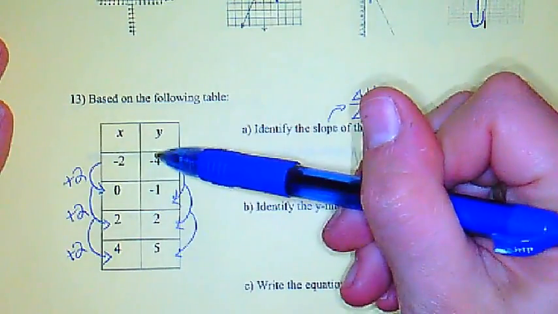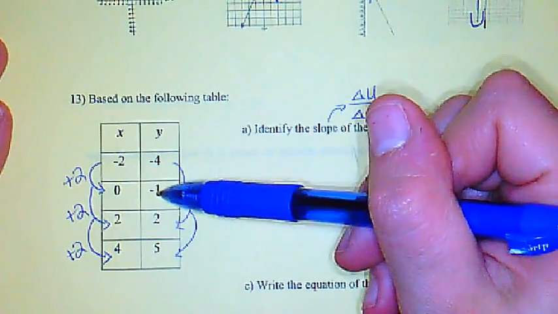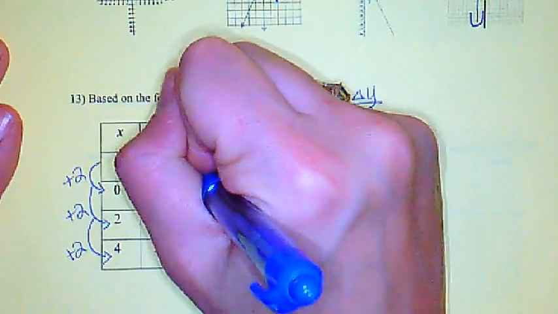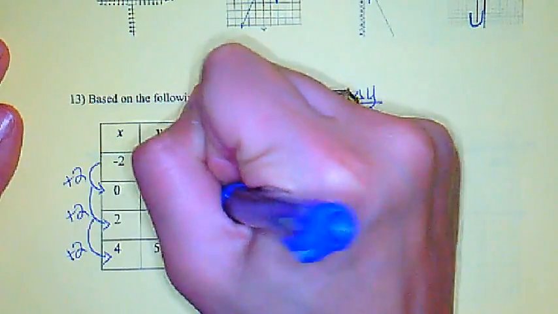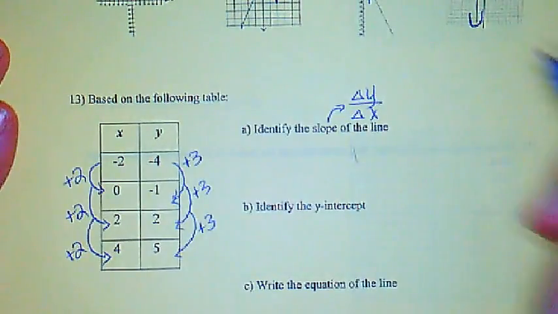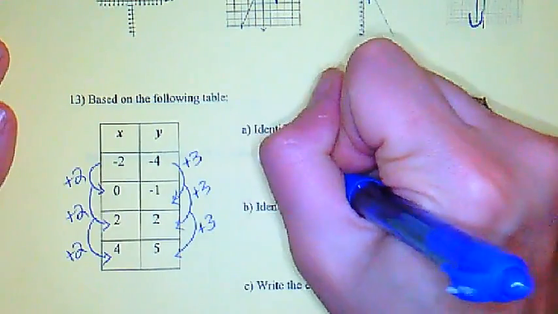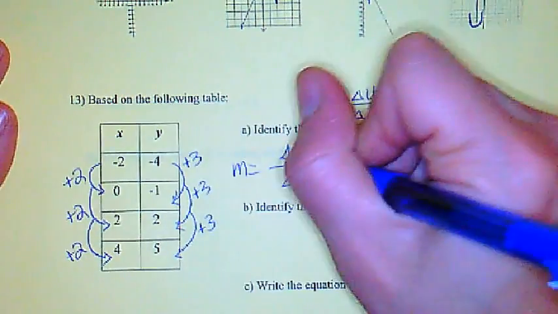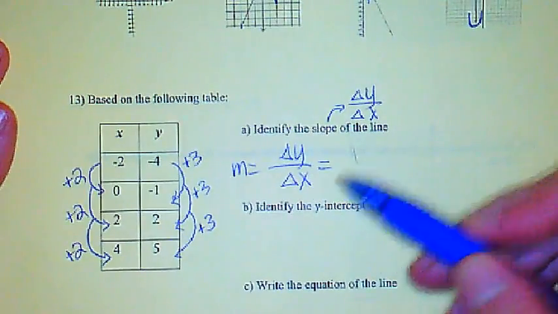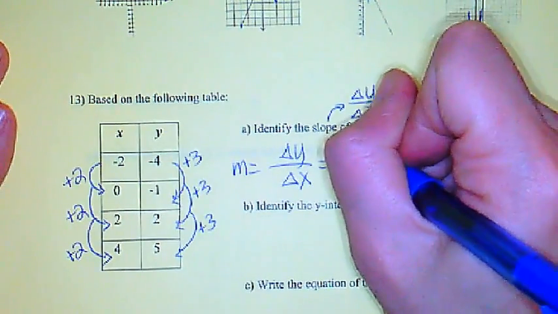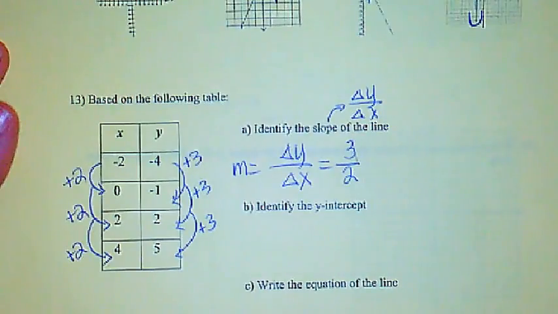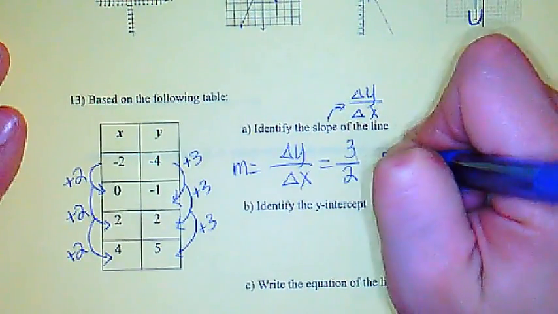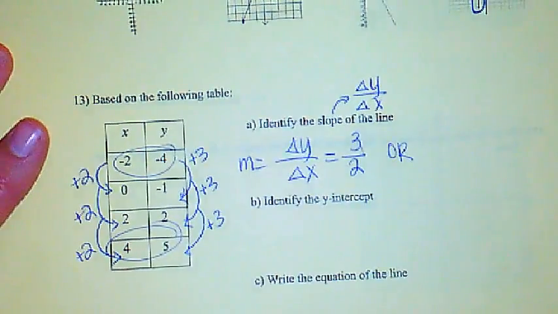If I'm going from -4 to -1, I'm adding 3, adding 3, adding 3. So if I substitute this into m equals the change in y over the change in x, that would be 3/2.